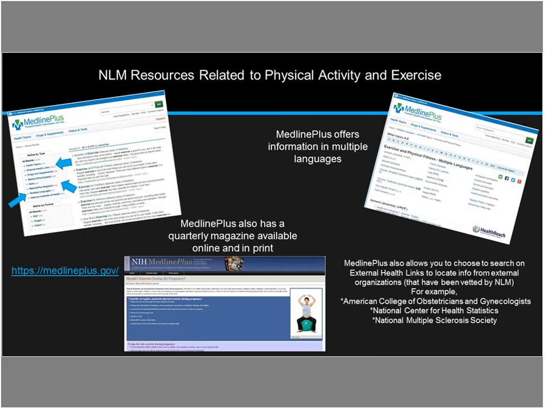So say you were interested in finding some resources that provided evidence for your act related to physical activity and exercise. Medline Plus would be a great place to start. It has information in 40 different languages, depending on the page of Medline Plus you're on.